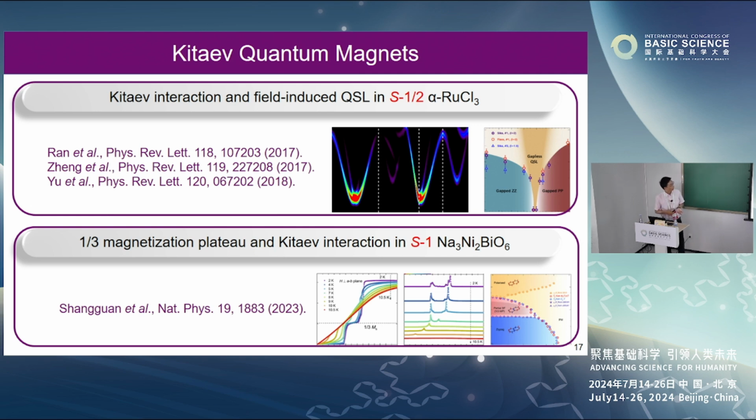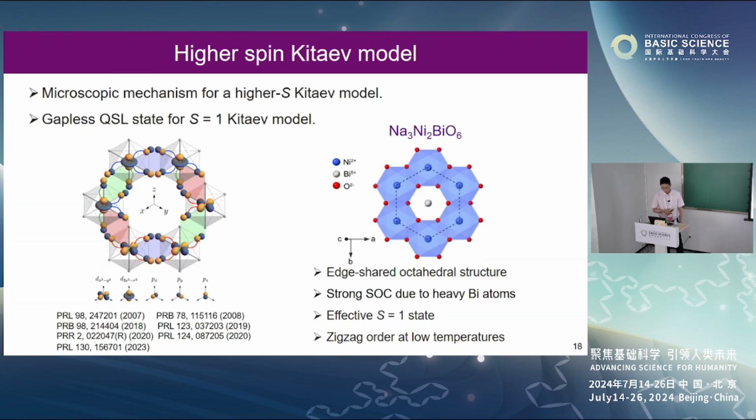So next, let me spend some time introducing our work on another spin S equals 1 system, sodium nickel bismuth oxide. We know that the Kitaev model was proposed in 2006 for spin-half systems.